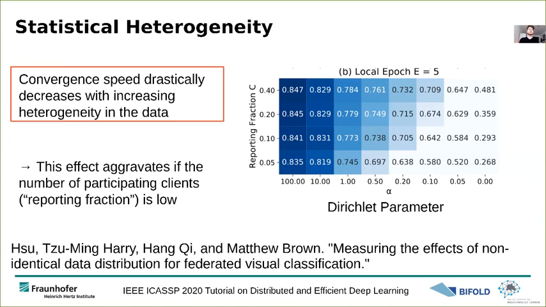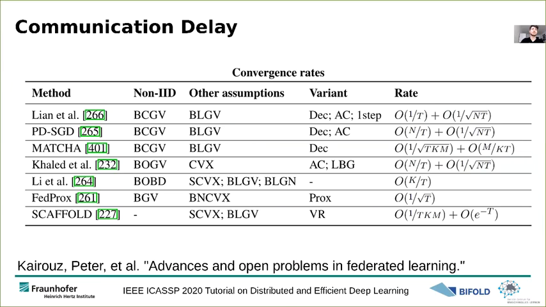We take pictures of different things and so on. So this heterogeneity in the data is a huge problem, and unfortunately, we found that it's also a huge problem with this federated averaging algorithm.